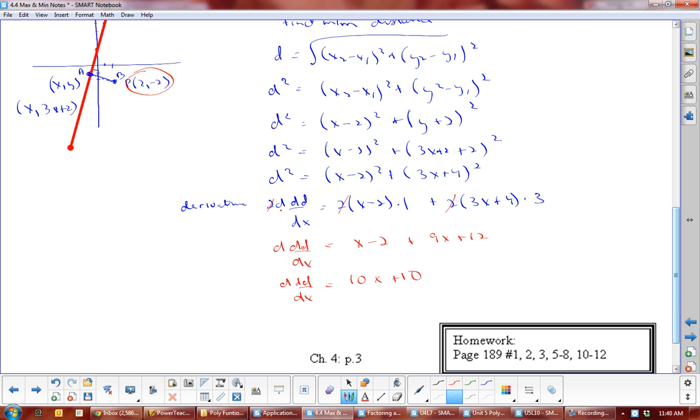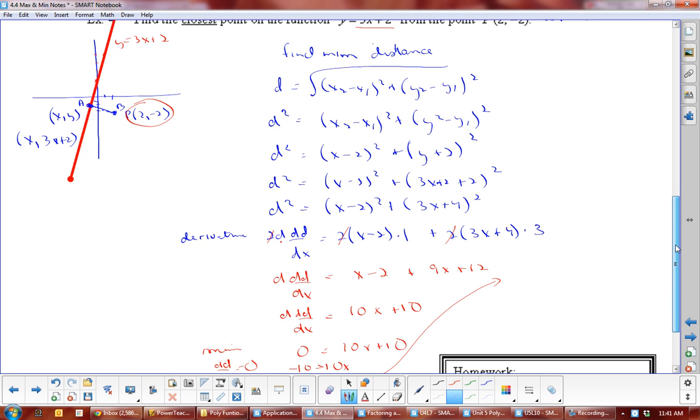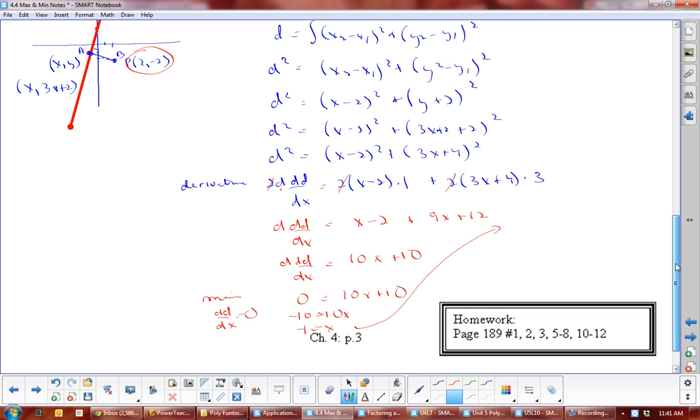So we want to find the min. So that's going to be dd over dx equals 0. So 0 equals 10x plus 10. Negative 10 equals 10x. Negative 1 equals x. So we want to plug that into 3x plus 2, right?